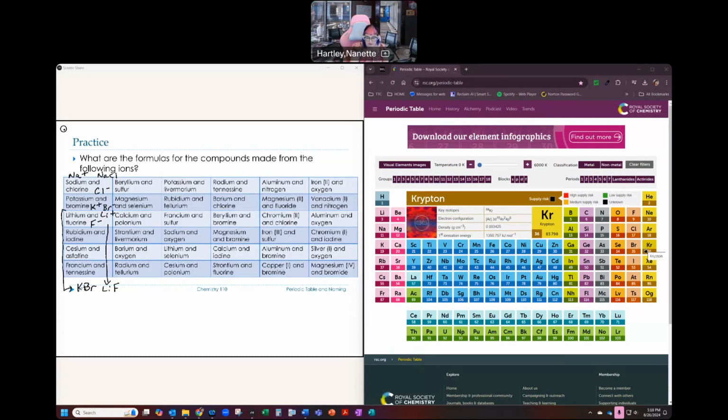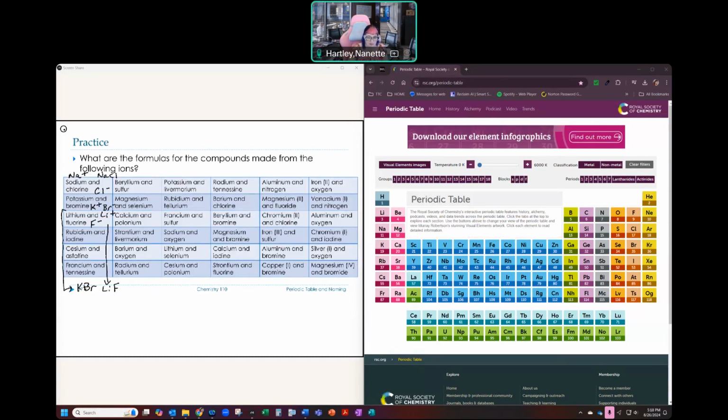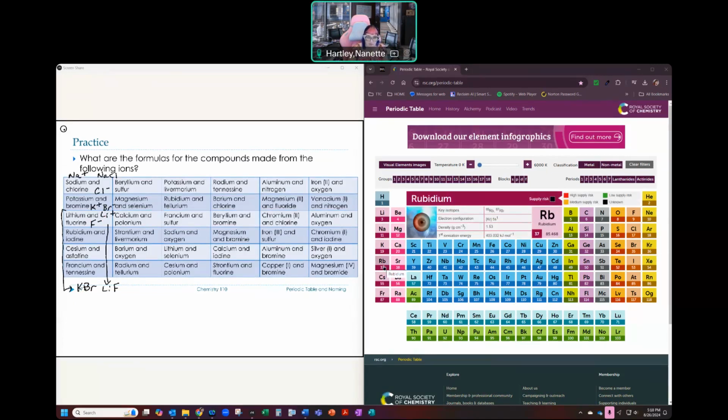Rubidium and iodine. Rubidium is this next guy down. He's an Rb. He's still a plus one. So he's Rb+. Iodine, again, halogen. He's I-. Those will come together to give me an RbI.